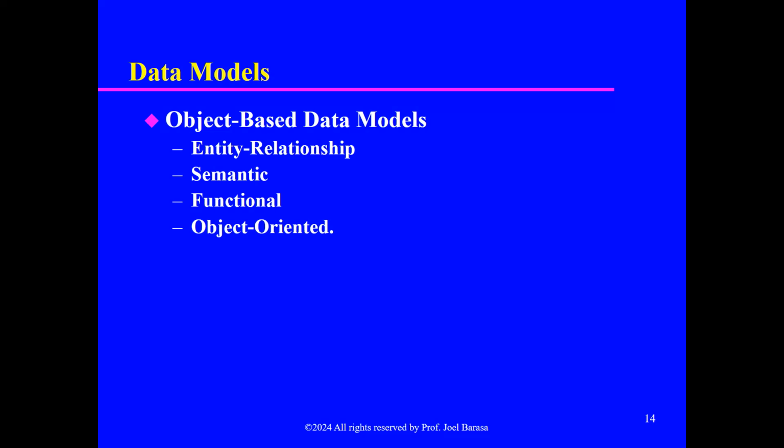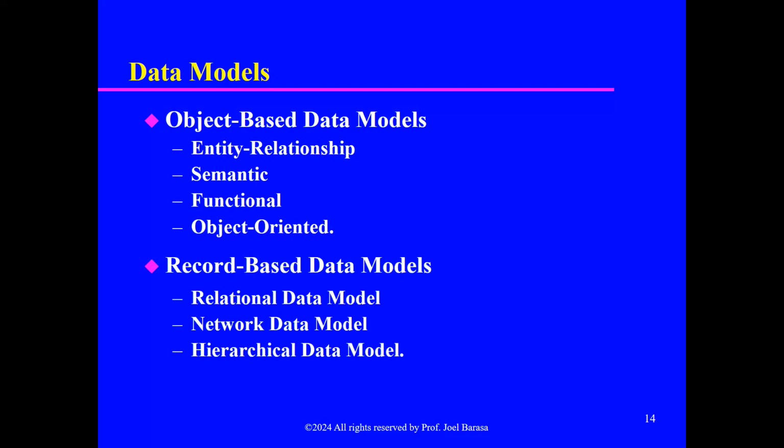All of these need to be brought together to tell what the entity relationship is between one table and the other, and what the key elements are that identify the relationship between these two tables. We have semantic, functional, and object-oriented. Those are the object-based data models.